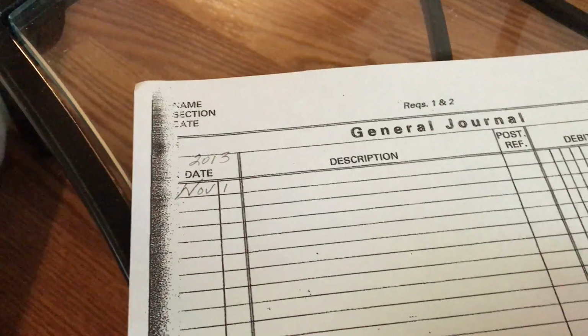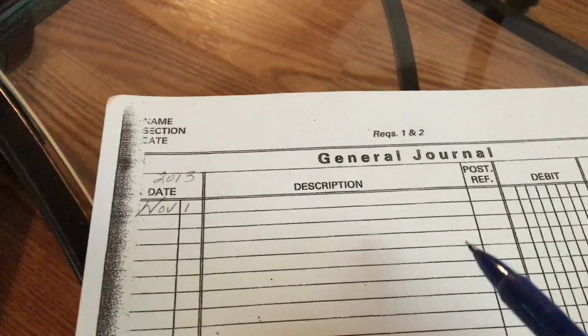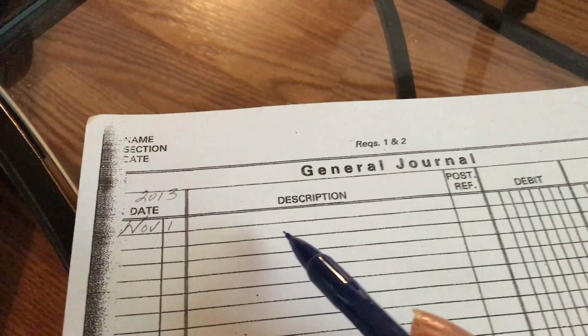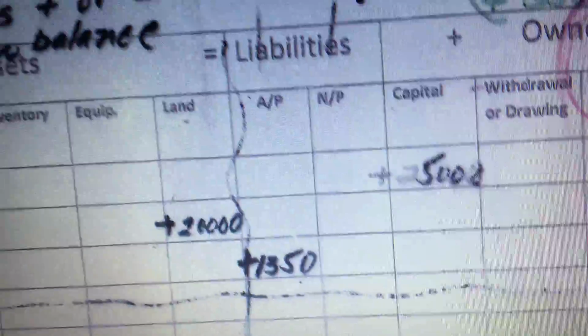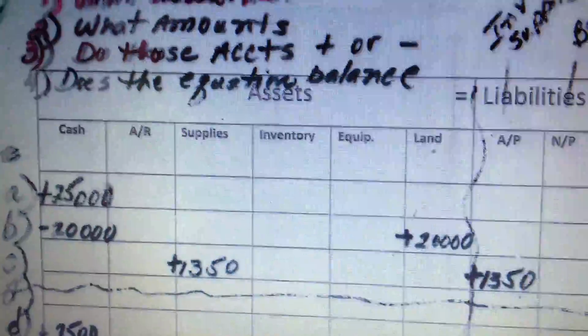And debits always begin at the margin. Okay, so we have to ask ourselves which one of these is going to be the debit. The debit is first, and then you want to indent the credit. So let's take a look at our sheet here with the cash and the capital. Okay, remember your rule.